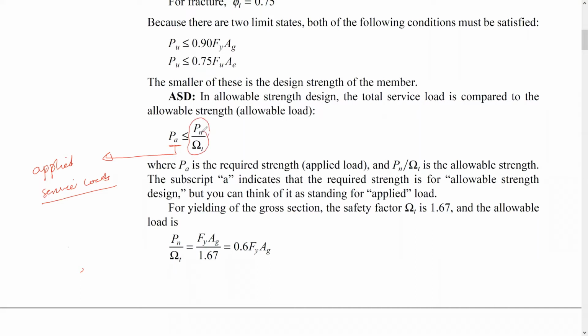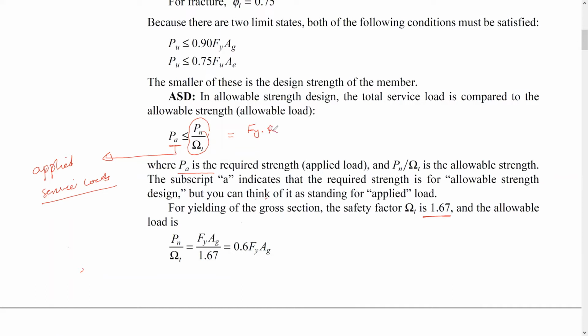Okay, here is the definition for all these factors. For yielding, the safety factor is equal to 1.67. Okay, and in this case, guys, if we say Pn, or nominal strength, divided by the safety factor, and the nominal strength for yielding is going to be the yield stress times the gross area.